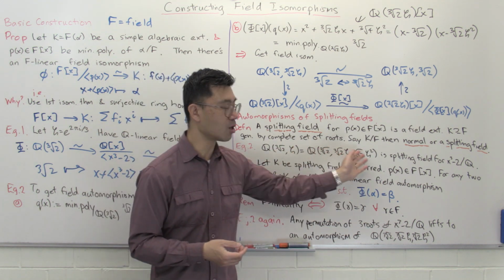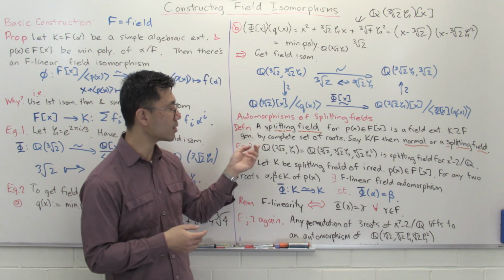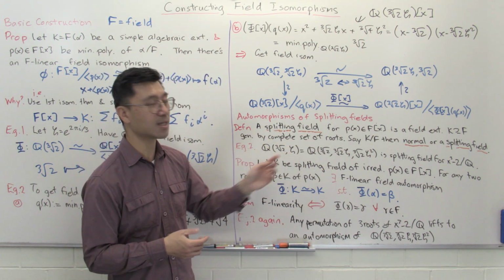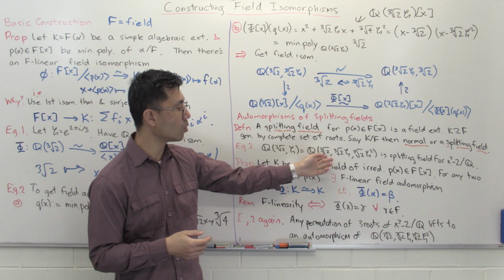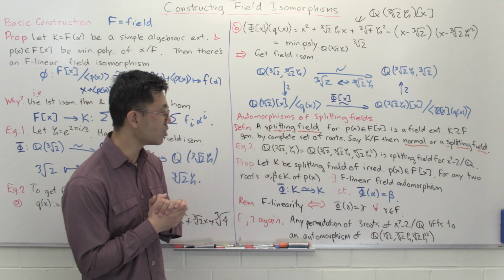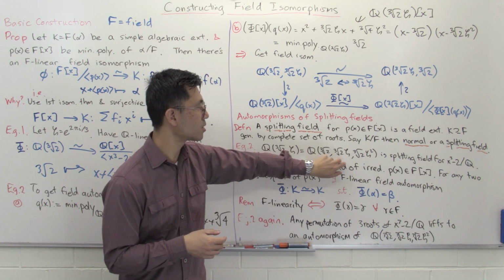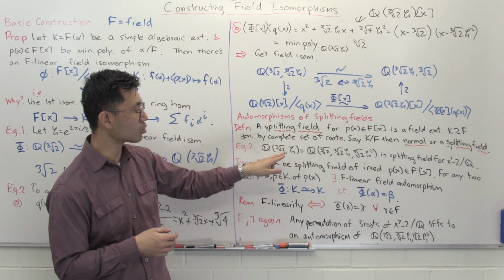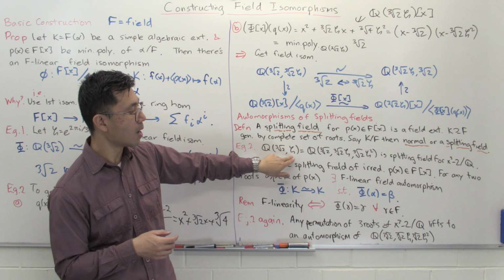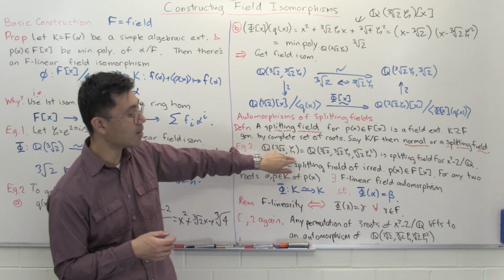Of course, you can write this in lots of different ways. For example, I could also write this as Q adjoin cube root of 2 and zeta, just to see that they're equal. Hopefully this is an exercise you know how to do. So certainly each of these three roots is contained inside here. You can get them by multiplying this cube root of 2 by the appropriate power of this zeta.